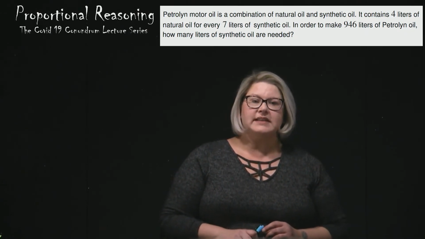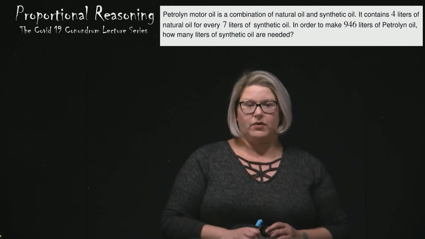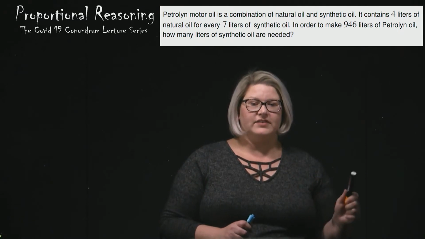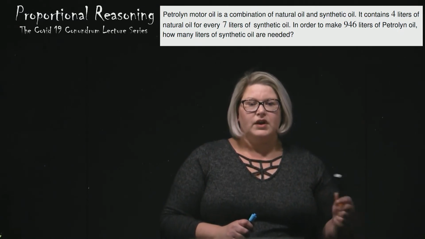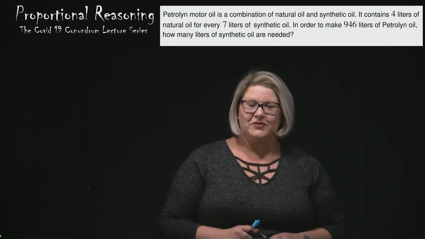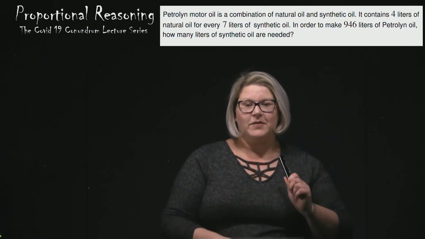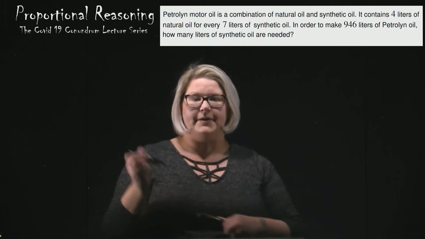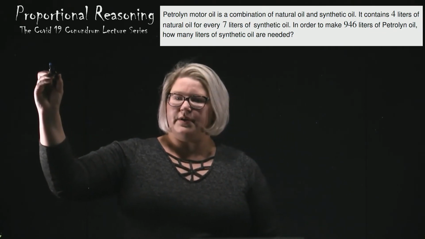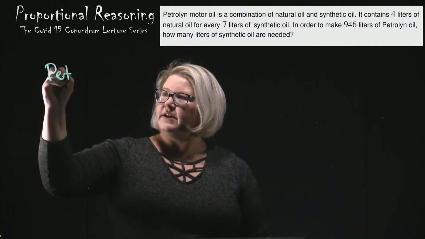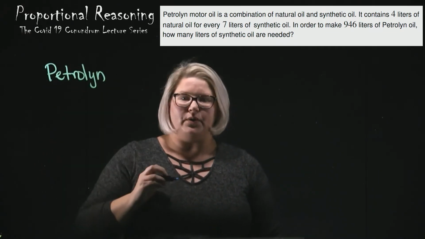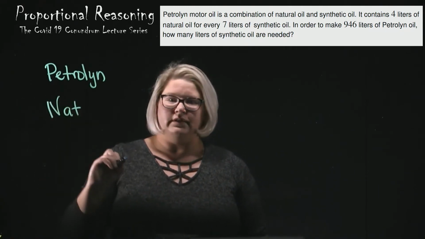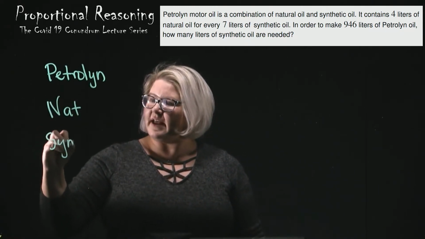Petrol and motor oil is a combination of natural and synthetic oil. It contains 4 liters of natural oil for every 7 liters of synthetic oil. In order to make 946 liters of petrol and oil, how many liters of the synthetic oil are needed? All right, so let's write everything down. Okay, so if we look at what they've given us, here I've got petrol and oil. It's a combination of natural and synthetic.